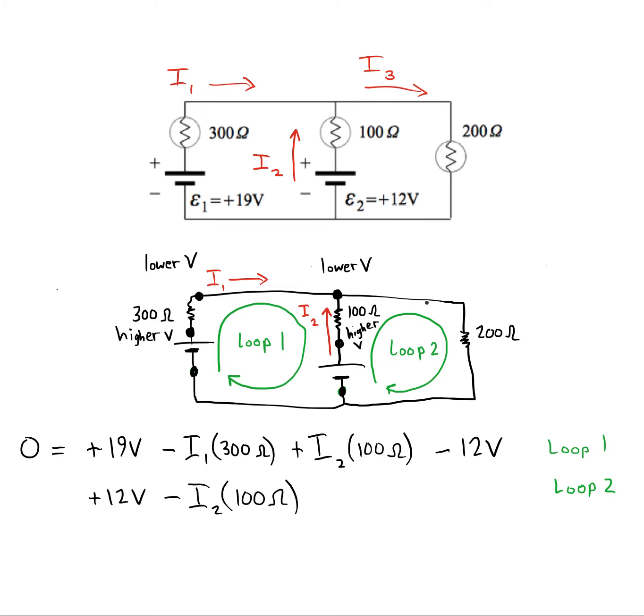All right, our next circuit element is this 200 ohm resistor. We had guessed that I3 would be a clockwise type of current in this section. So between these 2 points, which one is at the higher potential?